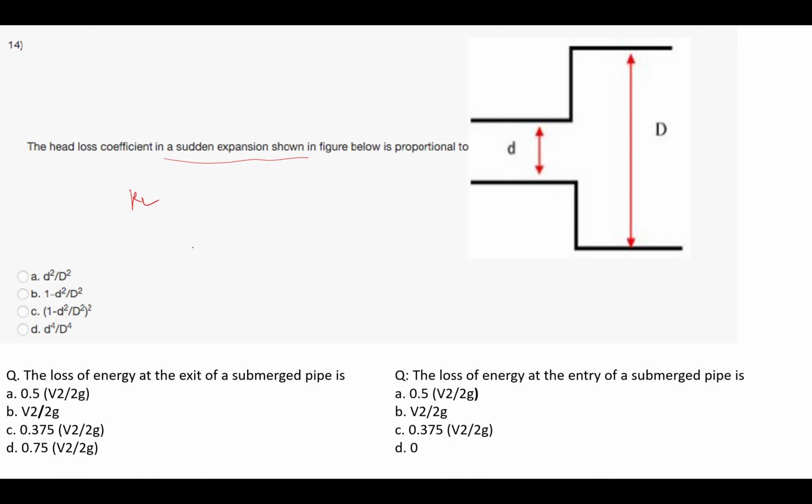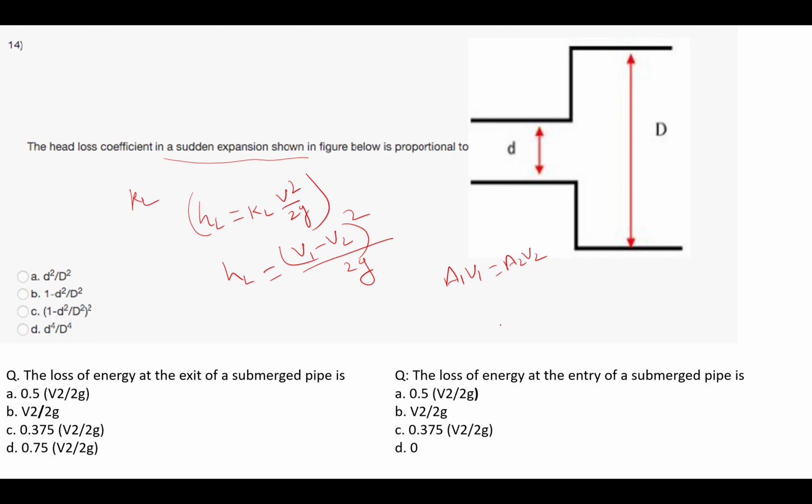So for sudden expansion, what was the formula? HL is equal to KL V square by 2g. In the sudden expansion case, your formula was (V1 minus V2) whole square by 2g. So A1 V1 equals A2 V2.